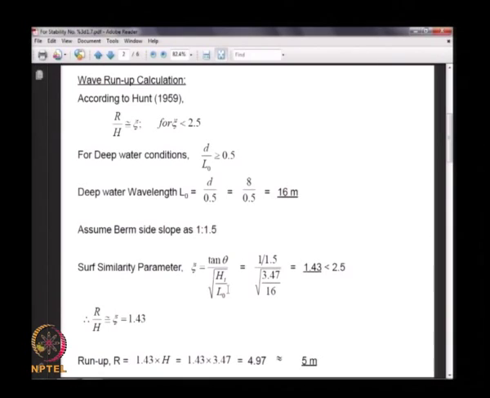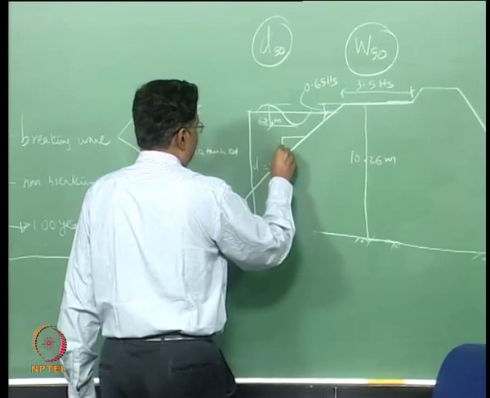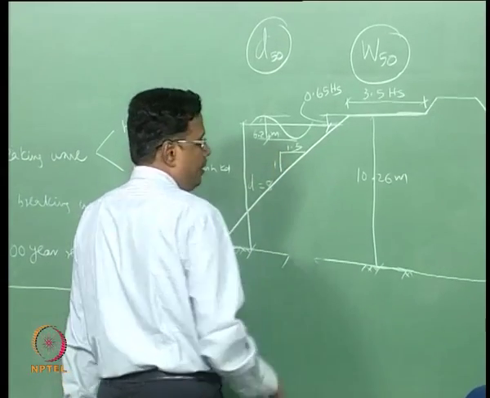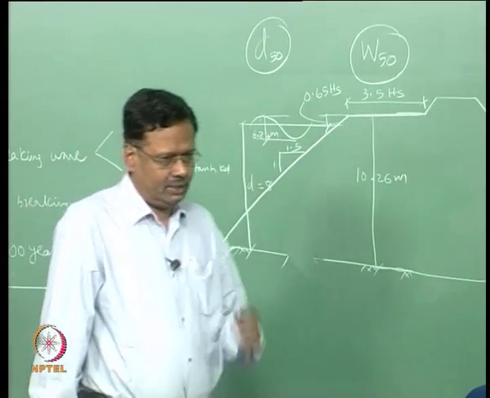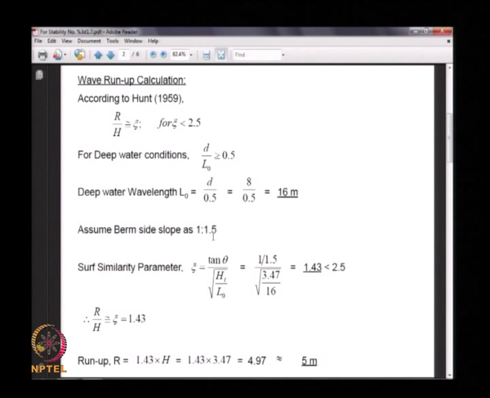Okay. So we have to calculate the deep water wavelength. The limit is d by L0 is 0.5. Based on that you can get the L0 as 16. When d by L0 is equal to 0.5, L0 will be d by 0.5, that will be 16 meter, and the berm side slope, if you are assuming 1:1.5, this slope you assume 1:1.5, then you can substitute this value tan theta divided by root of Hi by L0.